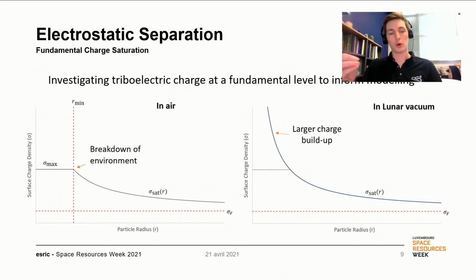So for much smaller particles, you'll find that your expected charge will fall off this 1/r relationship. But this wouldn't be expected in the lunar vacuum, where of course there is no air to break down. So if you were trying to charge up smaller lunar dusty particles, you might find a much larger charge buildup.